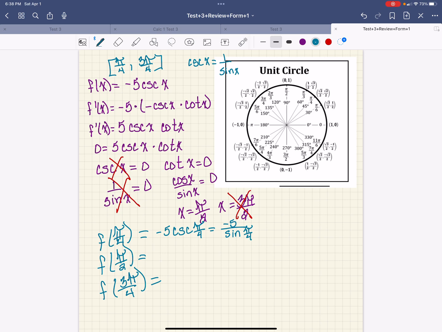And sine of pi over 4 is square root of 2 over 2. So negative 5 over square root of 2 over 2. And when you do the algebra for that, you end up with negative 5 on the square root of 2.